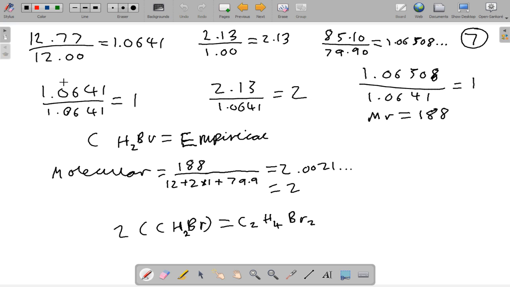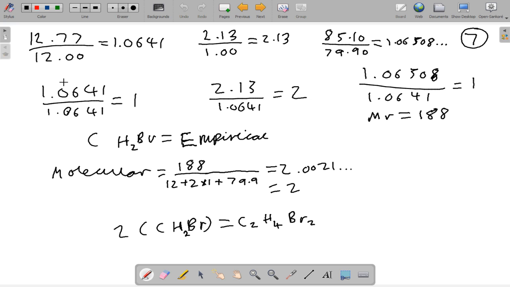12.77 over 12 is 1.0641. 2.13 over 1 is 2.13. And 85.1 over 79.9 is 1.06508. Divided by the smallest, which is 1.0641, we get 1 to 2 to 1.